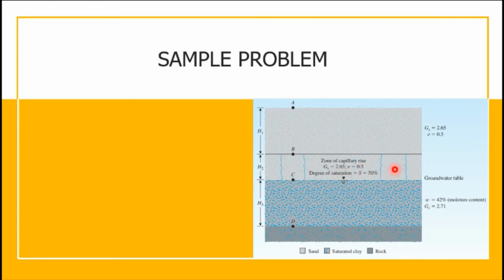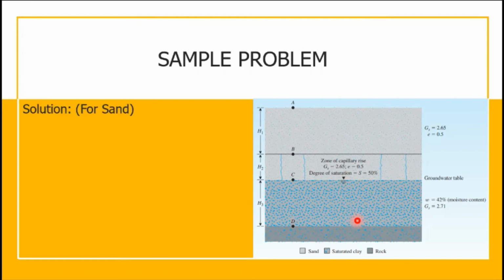And in this zone, the zone of capillary rise, there is a given specific gravity and void ratio and a degree of saturation of 50%. As you can see, this is our groundwater table. The water rose and seeped, so a zone of capillary rise formed. And then this will be the saturated soil, since it is below the groundwater table.